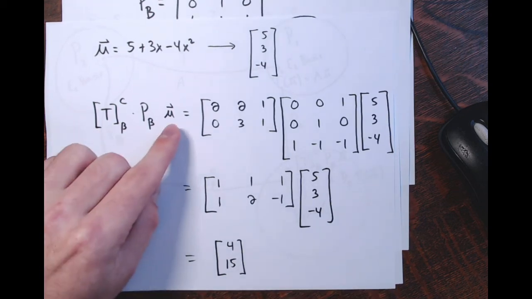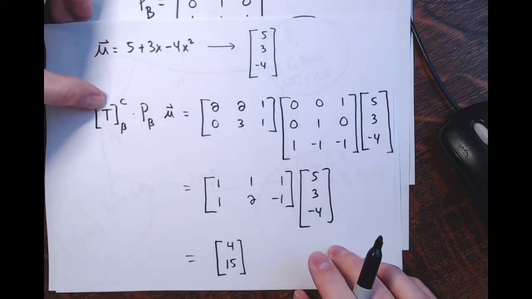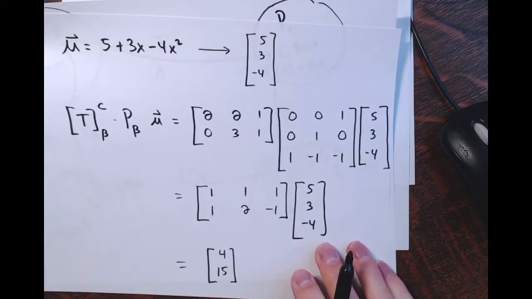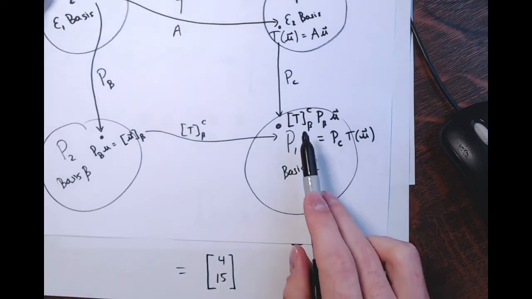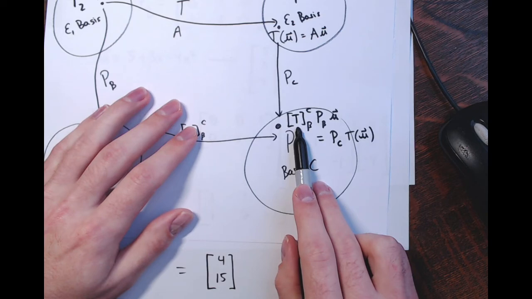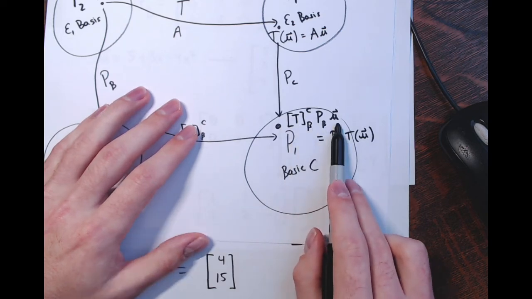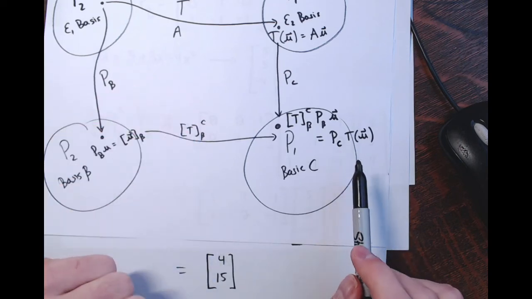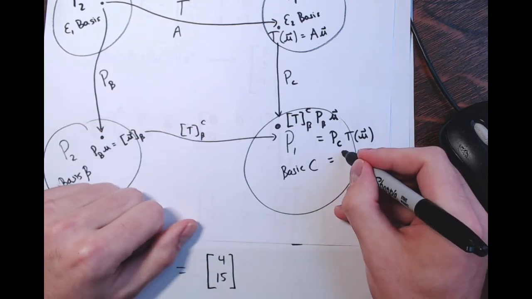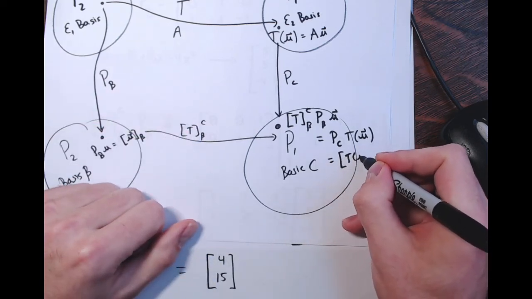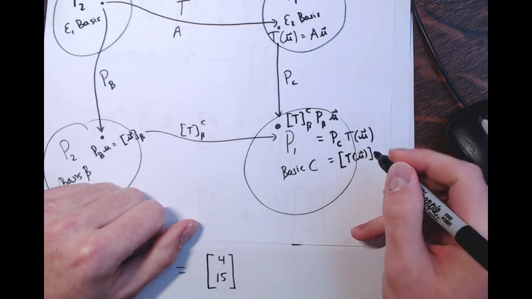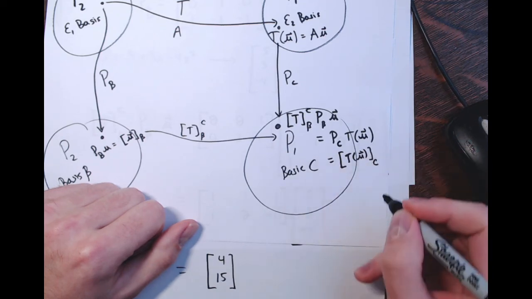And what this should give me, according to my map, is that this T times PB times U should be equal to the coordinates of T of U relative to the basis C.